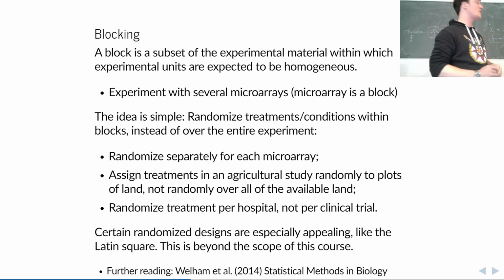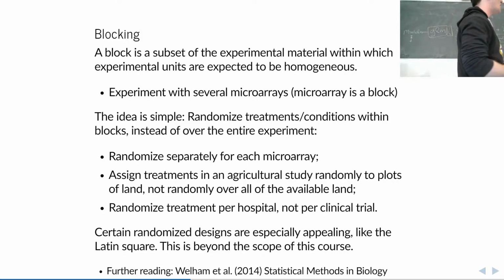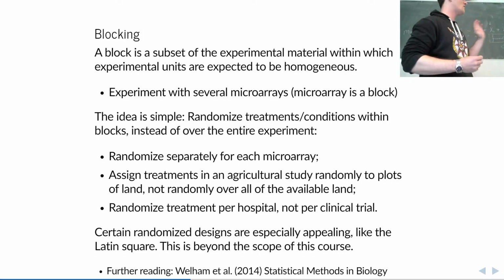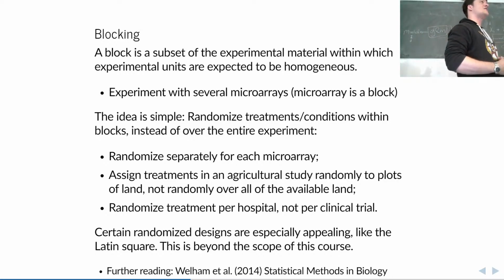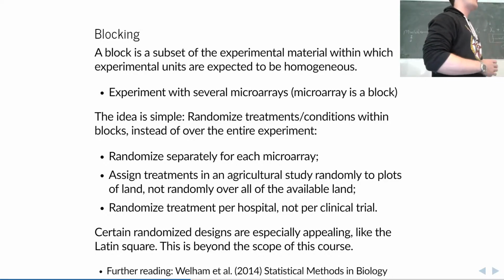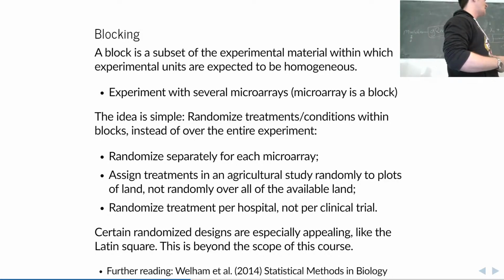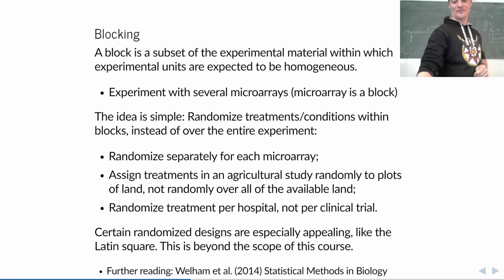But there is a nice book by Welham et al. called Statistical Methods in Biology that goes a lot more in depth on these kinds of designs that are quite common in biological research, including clinical science and agricultural science and other ecological research, for example. So if this interests you, I definitely recommend having a look at the book. I can bring it here if someone wants to see it. I should have done that today, of course, but I will bring it sometime next week if someone wants to have a look at it.